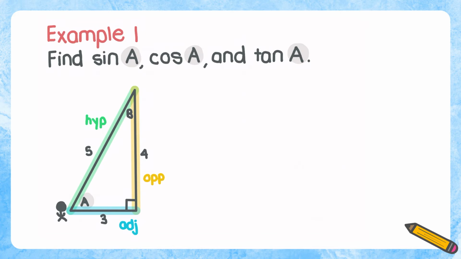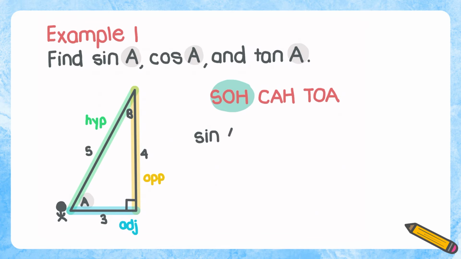Using the idea of SOHCAHTOA, let's find the 3 different trig ratios. So I have my acronym SOHCAHTOA. Let's start off with finding sine of A.